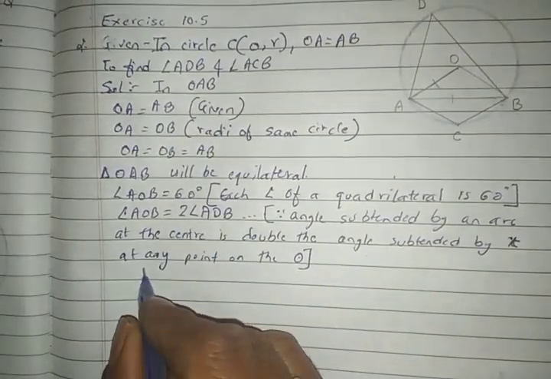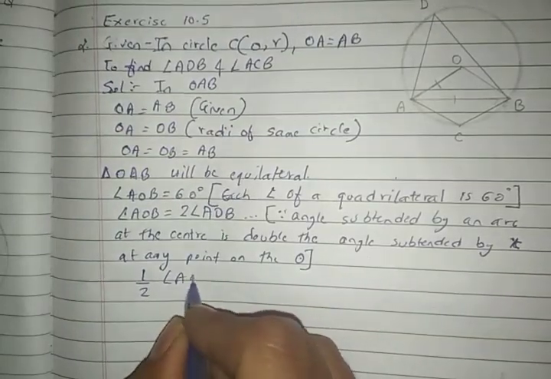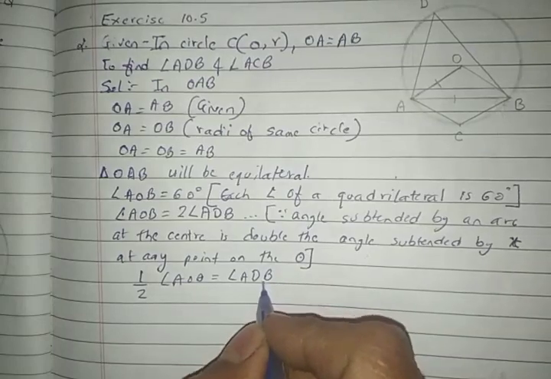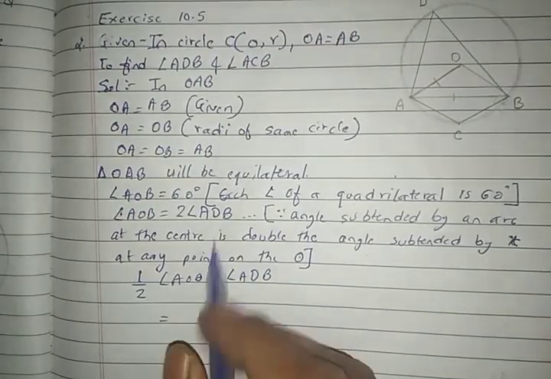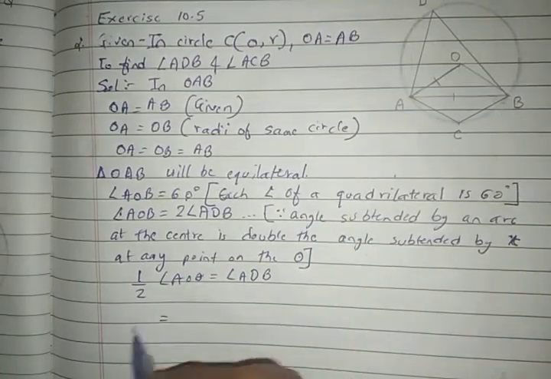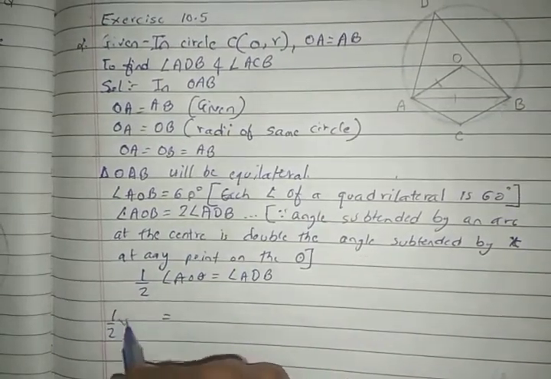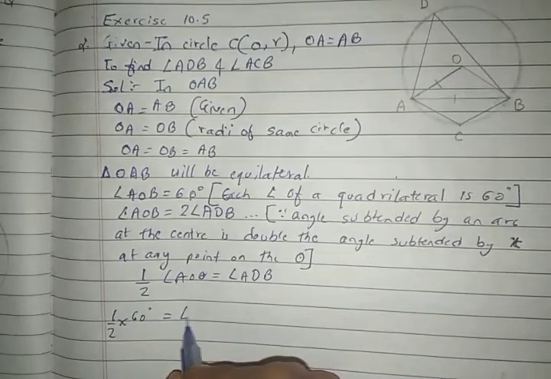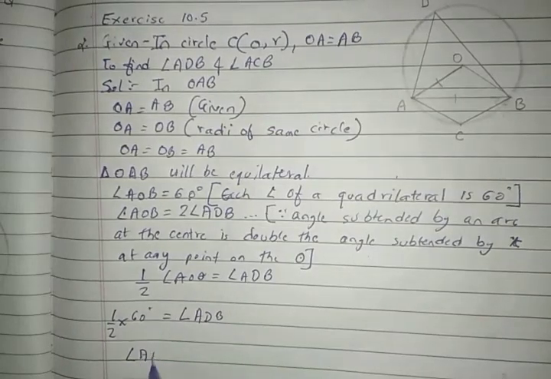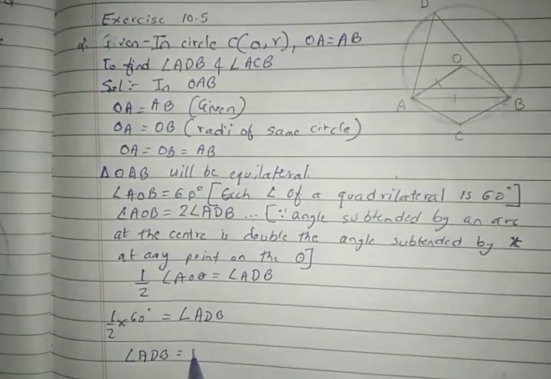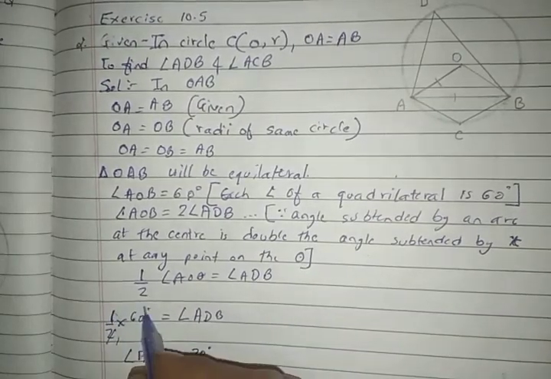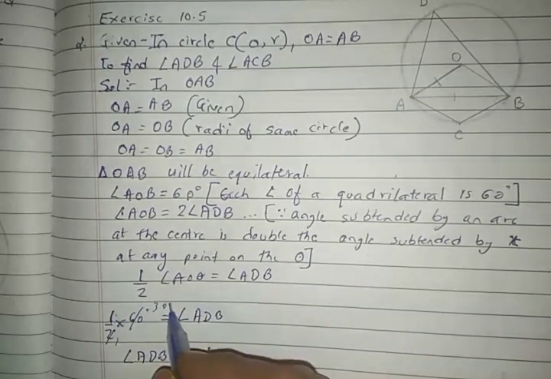Rearranging this, we get half of angle AOB equal to angle ADB. Now you know that angle AOB is 60, so in place of AOB we will write 60. Therefore angle ADB is equal to 30 degrees, right? When you divide 60 by 2 you get 30.